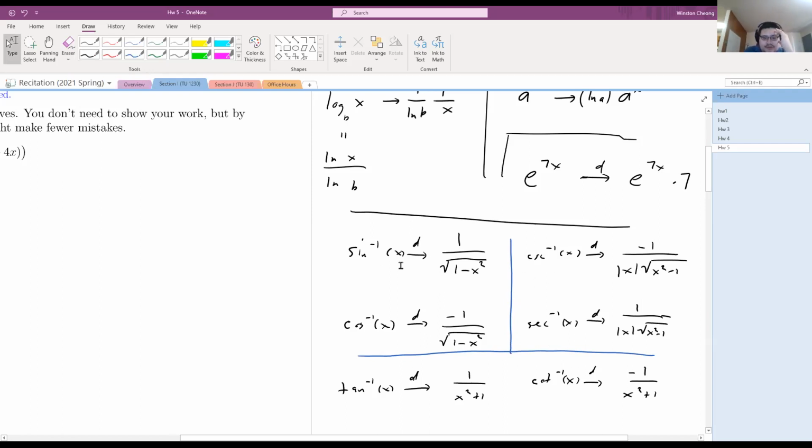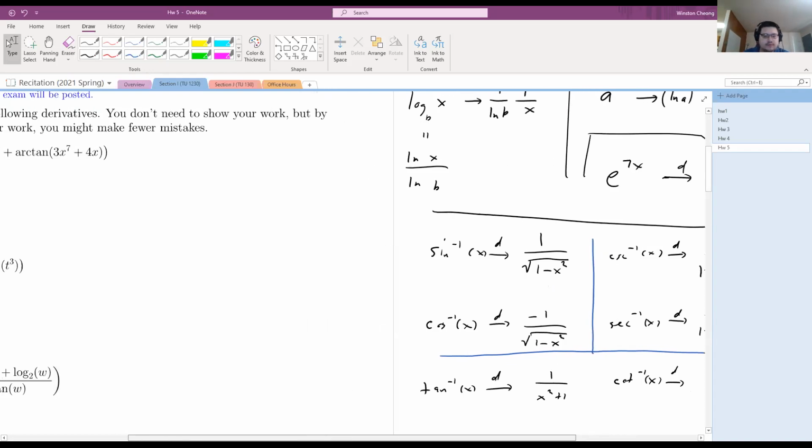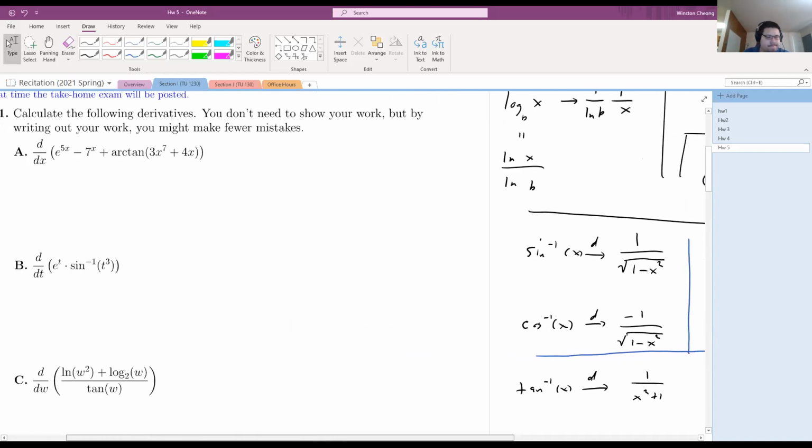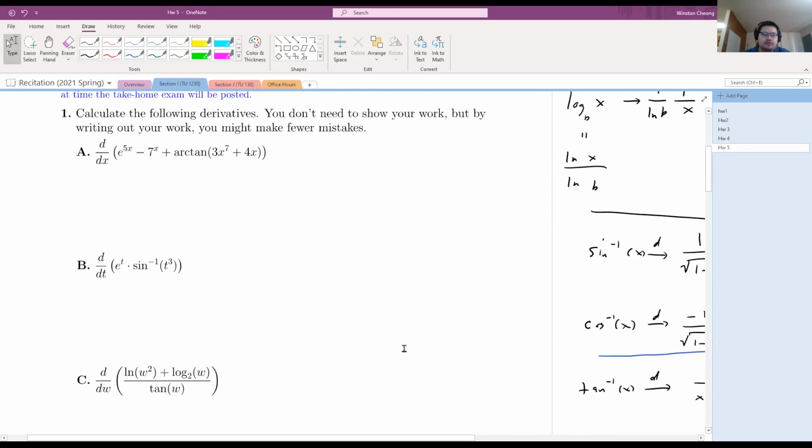Typically we just ask that you remember inverse sine and inverse tangent, but it's not so hard to remember the rest. Okay, any questions on this or on material from the lecture? No? Okay, then let's go ahead and get through these problems.